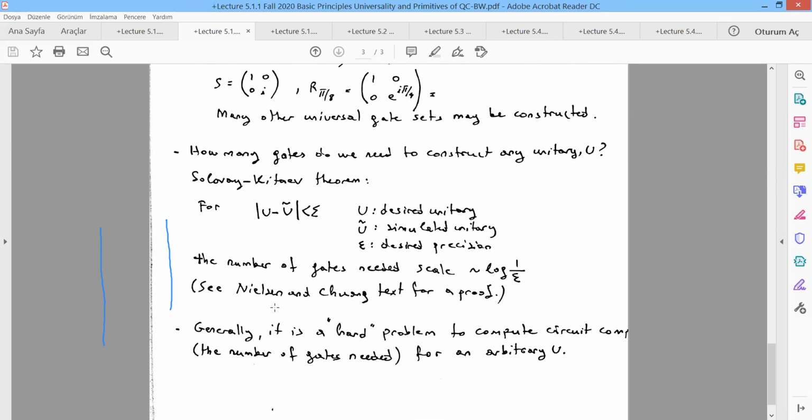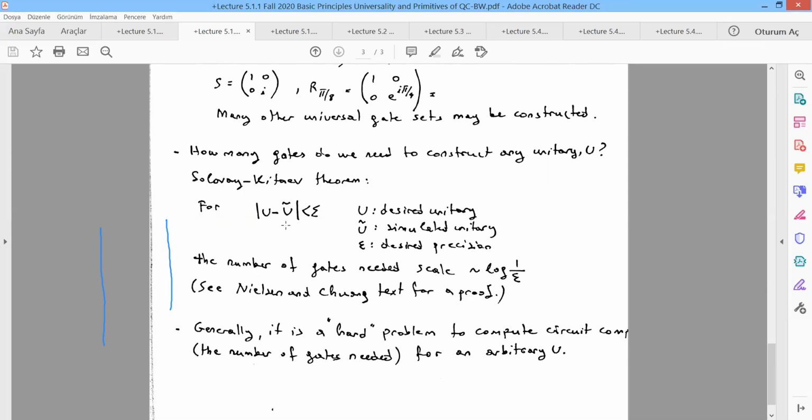If you want to construct a unitary operator, U tilde, close to the original desired unitary operator U, with a precision of epsilon, the number of gates needed to build this kind of unitary scales with log 1 over epsilon. Epsilon is the precision you want to obtain between U and U tilde.